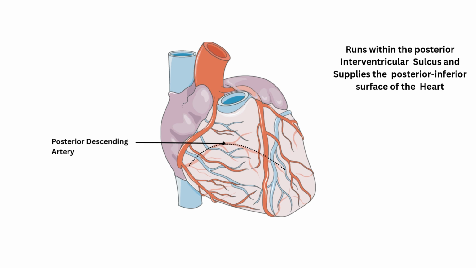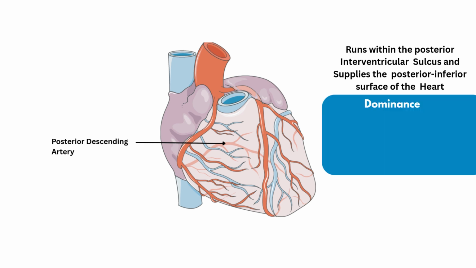So the posterior descending artery runs along the back of the heart in a groove called the posterior intraventricular sulcus. So now here's the thing with the posterior descending artery. It isn't always a branch of the same artery in every person. This is what professionals call coronary dominance.